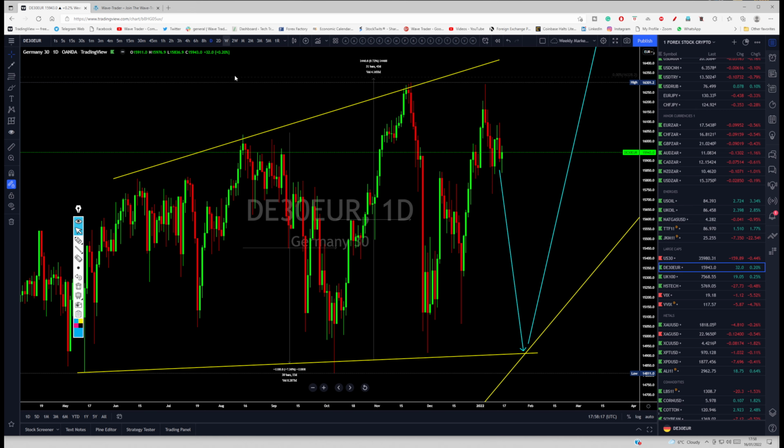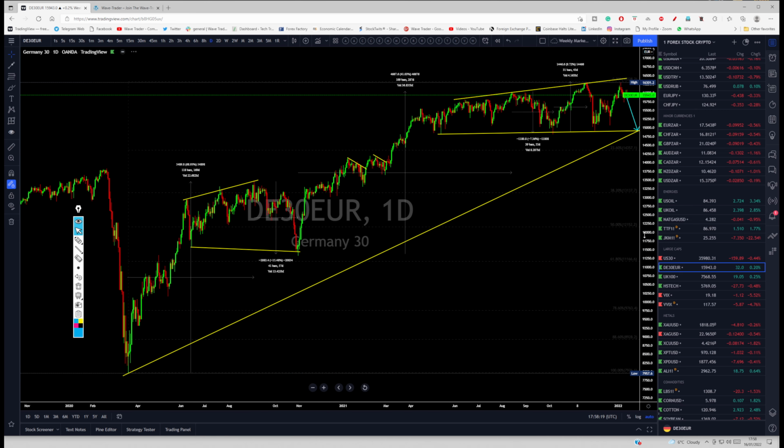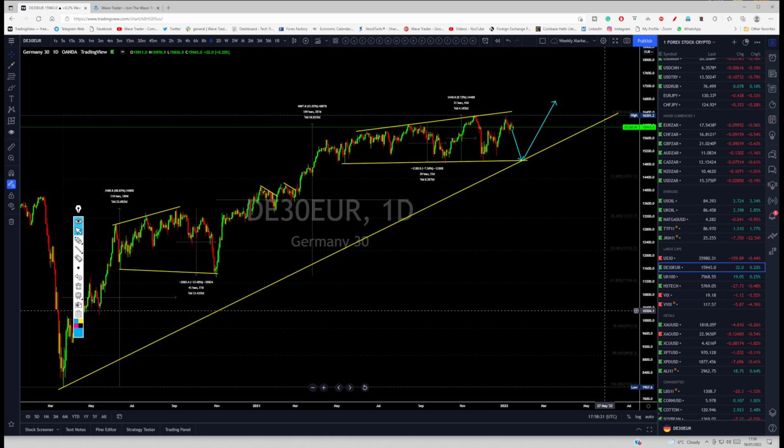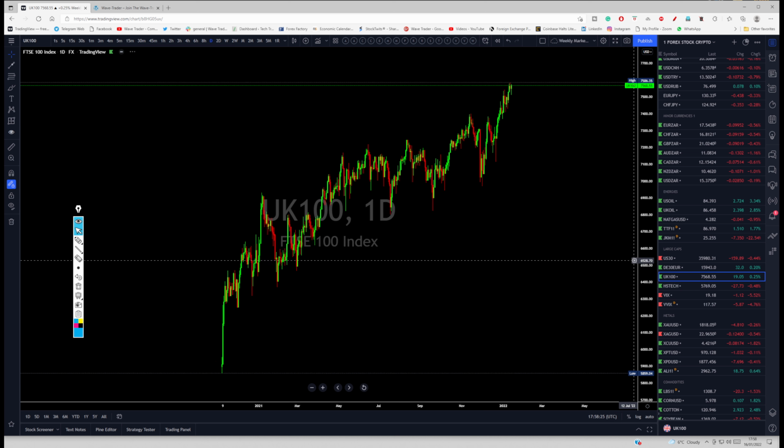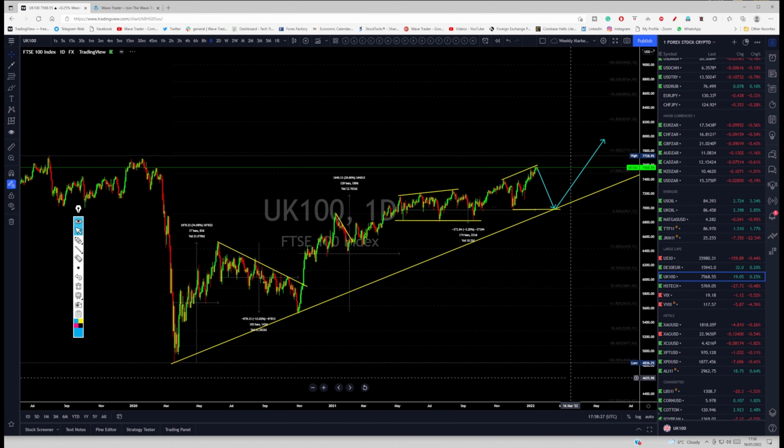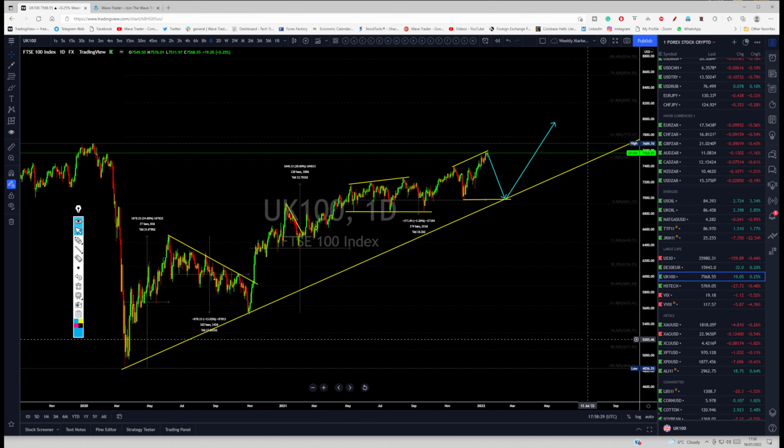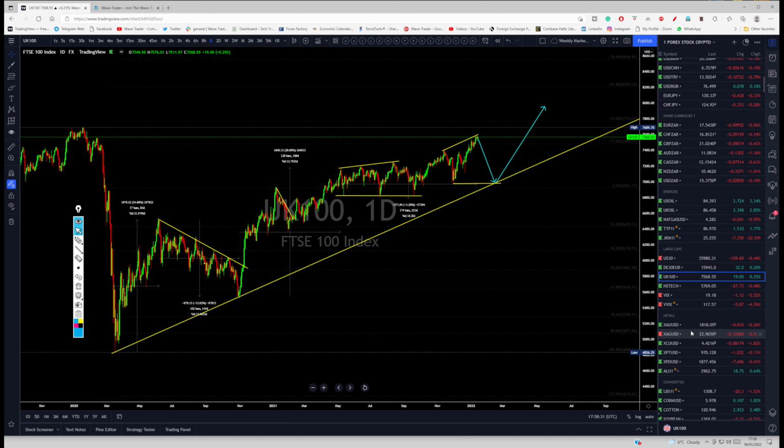The Euro German 30 is also similar, visiting the 88% or this previous floor. The UK 100 index is also similar: drop and test the previous floor before going to rise.